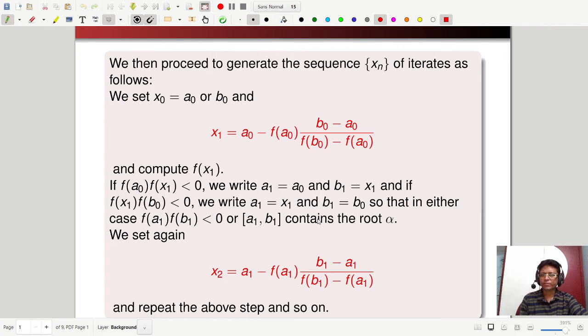We set x0 equal to a0 or b0, and x1 equal to a0 minus f(a0) times (b0 minus a0) by (f(b0) minus f(a0)). That is the slope formula, and compute f(x1). This idea is from the second method actually, right?